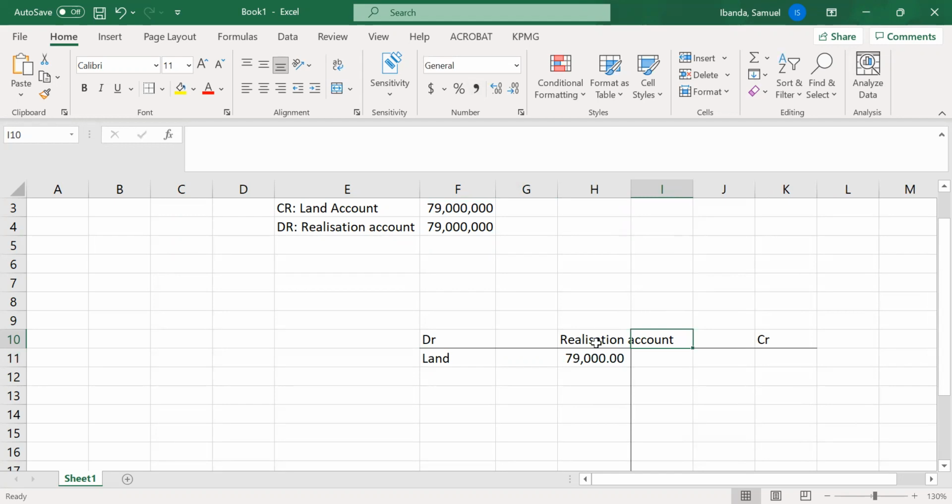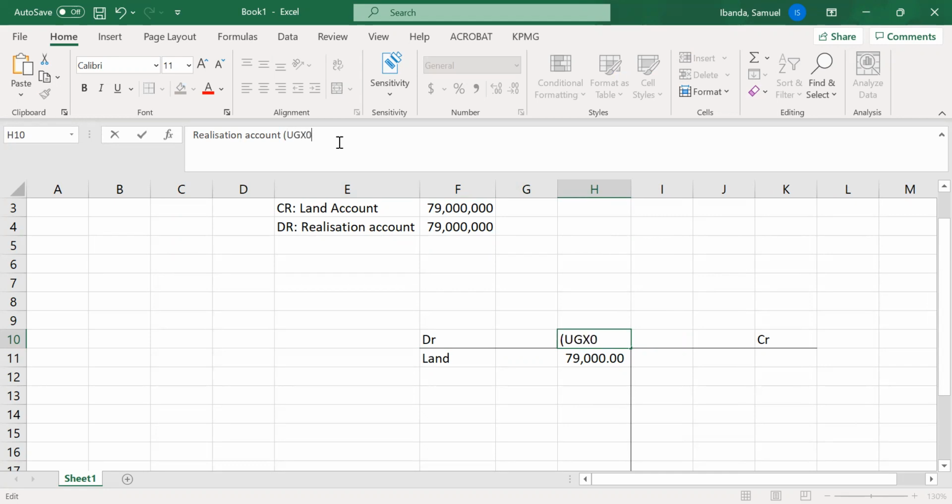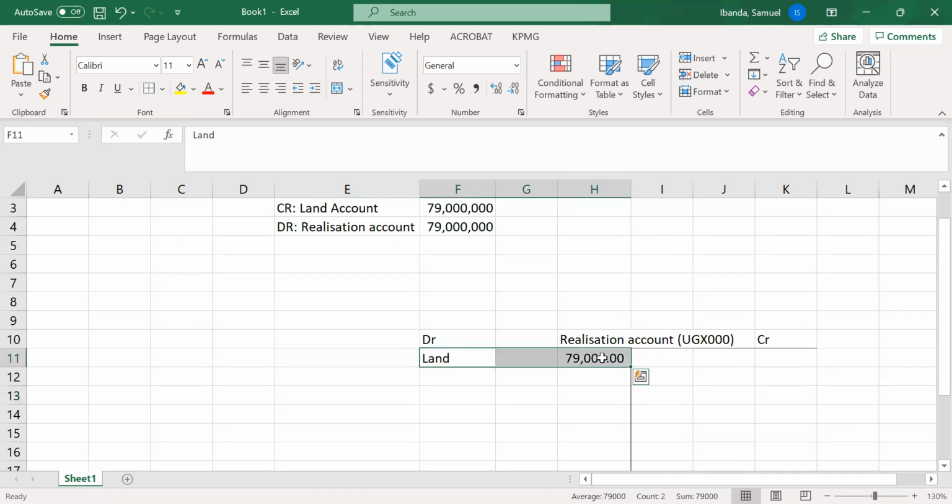I'll just do this. Like I said, I can say these amounts are in thousands. So you can have your land right here, and you proceed again to the rest of the assets.